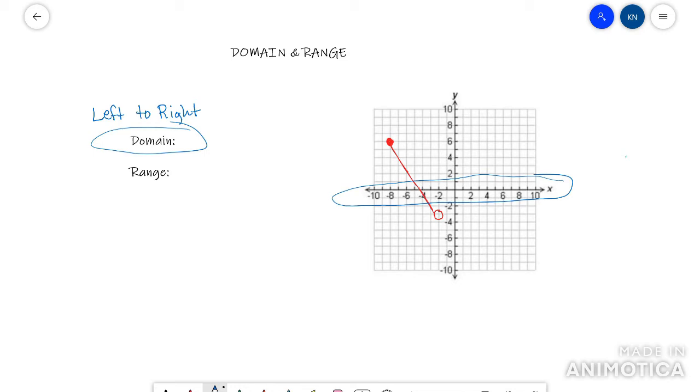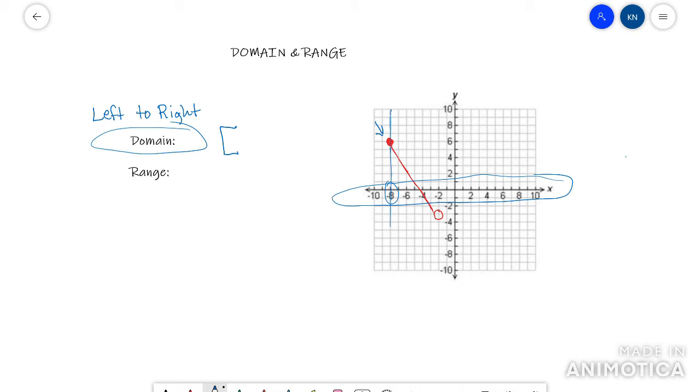So what I mean by that is I ask myself, how far left does this red line go? So the furthest left would be about here. That's at -8. Now when I write this though, I have to realize that this is a closed circle, so it needs to be included in your domain as a bracket.